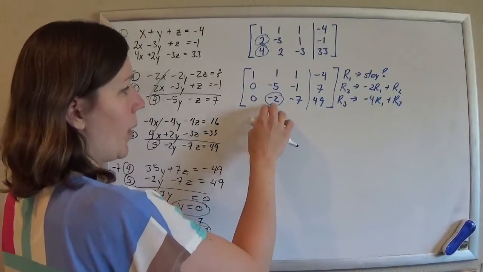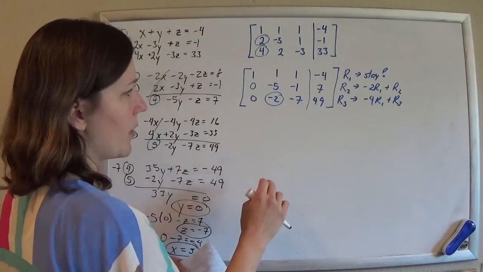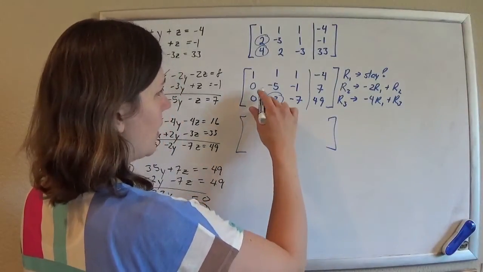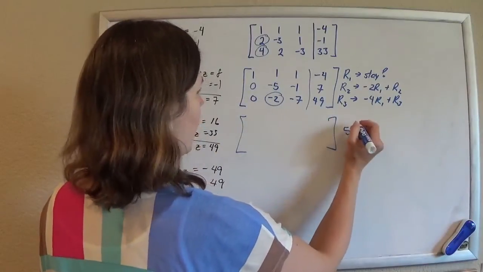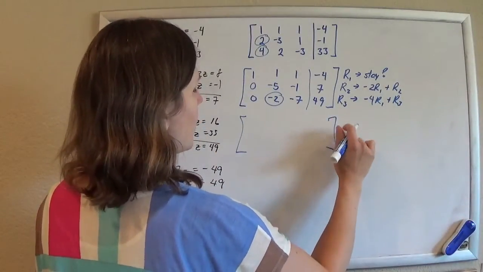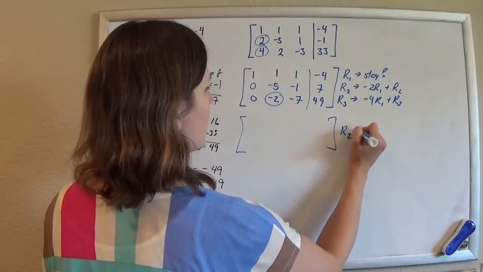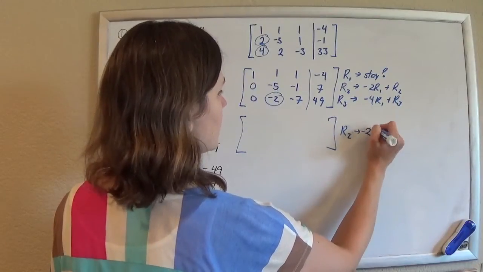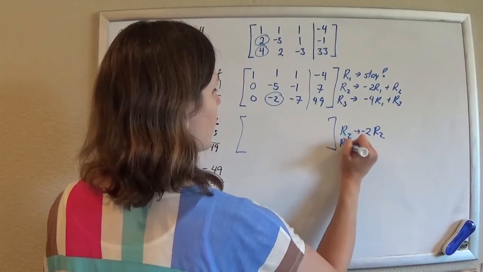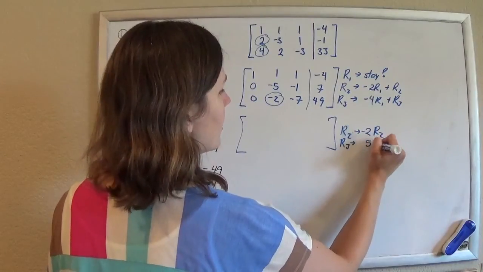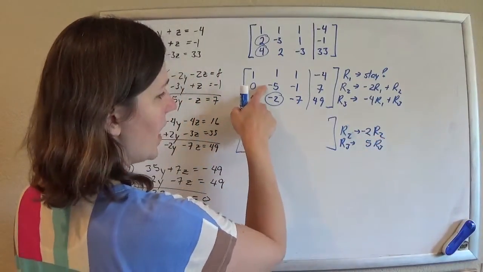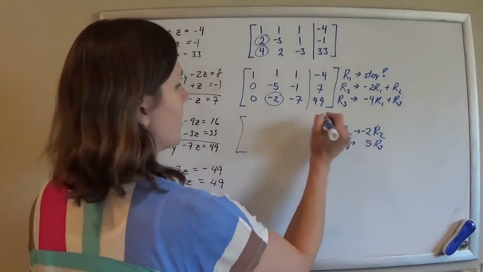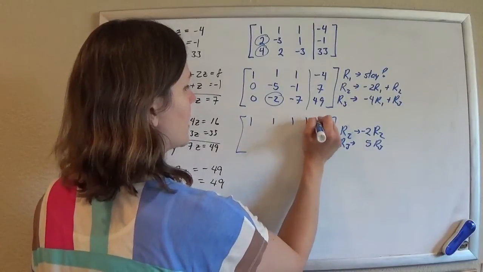So I want to make that a 0, and instead of multiplying that by a fraction, maybe I'll just make a match. Maybe I'll make R2 become -2 times R2, and then I'll make R3 become 5 times R3, and that way I'd have 10 and 10, and then when I add them, they'll go away. So let's let the first guy just chill.